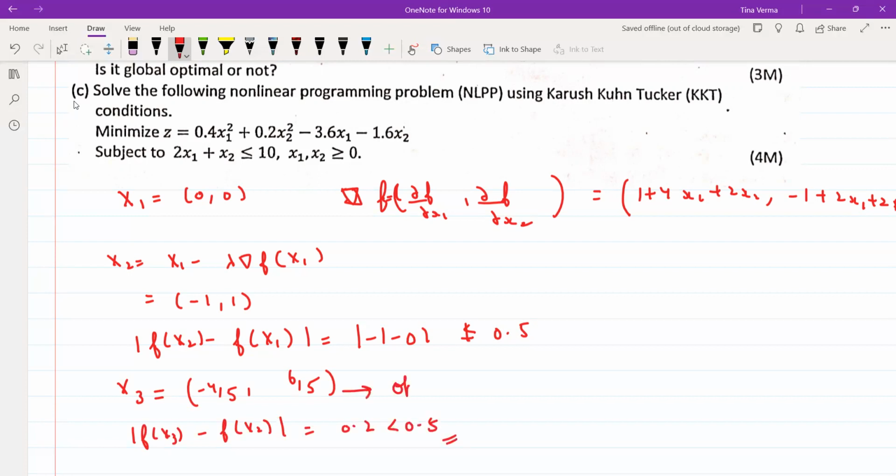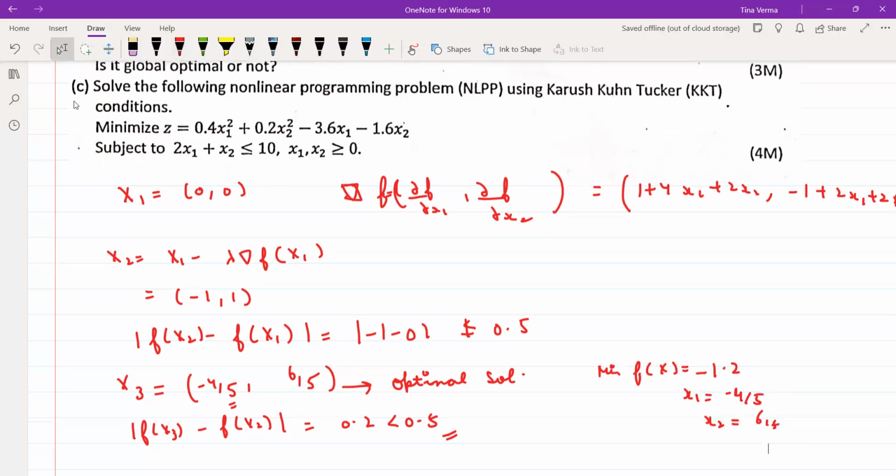That means this is my optimal solution, and for my minimum value, that is my optimal value, I substitute x1 as minus 4 by 5 and x2 as 6 by 5. So this was coming out to be minus 1.2, with x1 as minus 4 by 5 and x2 as 6 by 5.